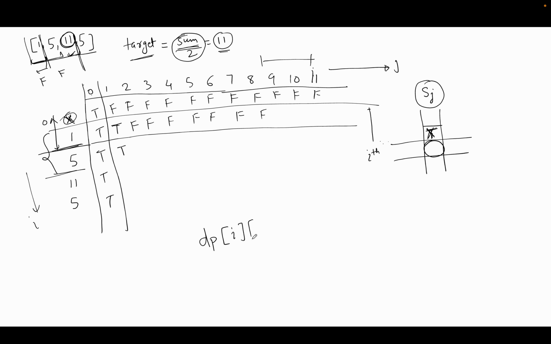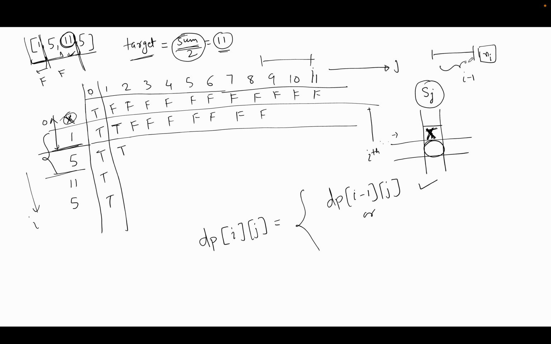So dp of i, j is equal to either dp of i minus 1, j. So if this is true, this is true. Or, if this is false, can we say that if we cannot form S of j using the first i minus 1 elements, and now we have the ith element, let's call it n i, using it can we make S of j?